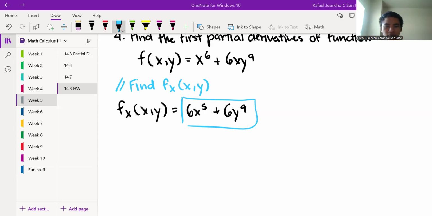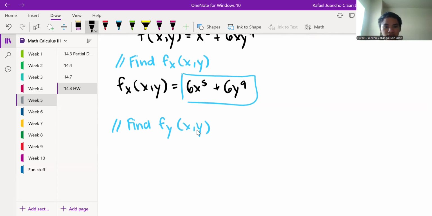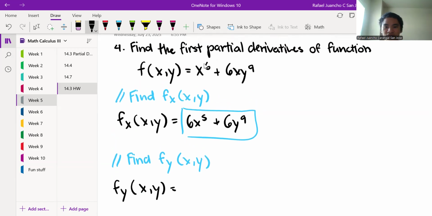Okay, now we do f sub y. And here we, again, take the derivative, but here we treat x as a constant. So if you want to treat x as a constant, well, now x to the 6 becomes 0.